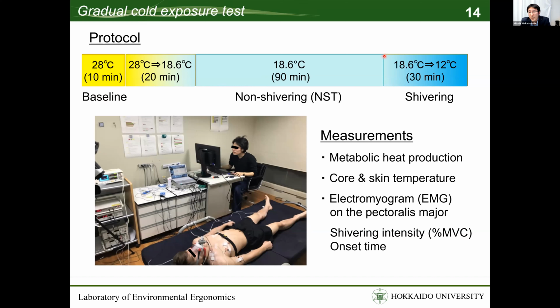Then we decreased the temperature to 12 degrees Celsius in 30 minutes for initiating the minimal shivering. And we measured the metabolic heat production, core and skin temperature, and electromyogram on the pectoralis muscle for assessing the shivering intensity and shivering onset time.